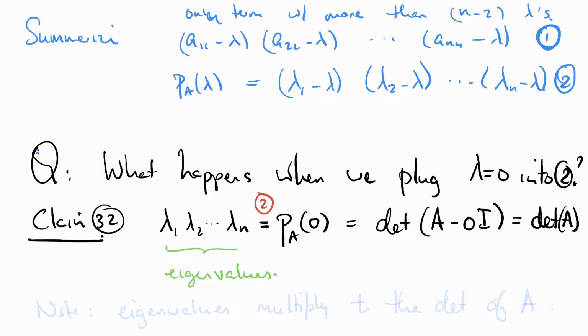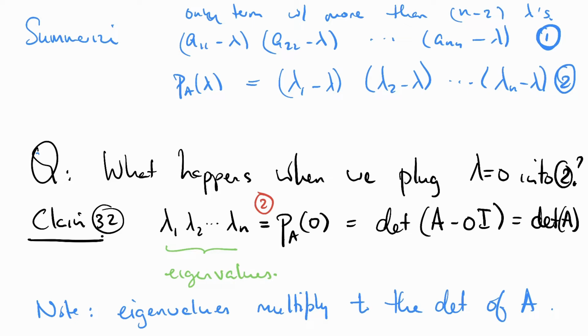This means that the eigenvalues multiply to the determinant of A. That's going to be useful later. Okay?